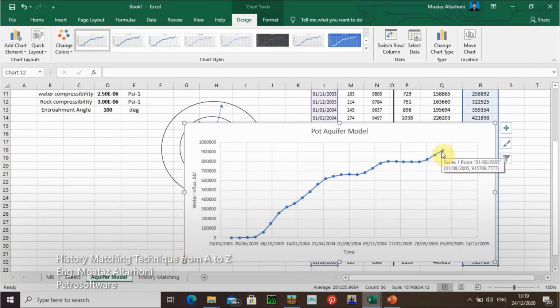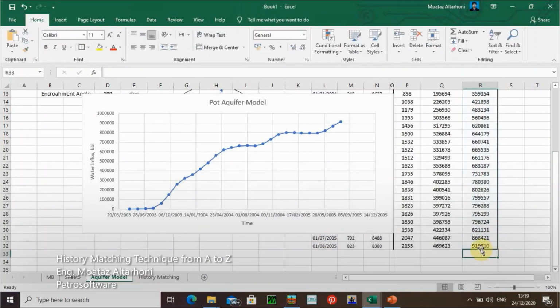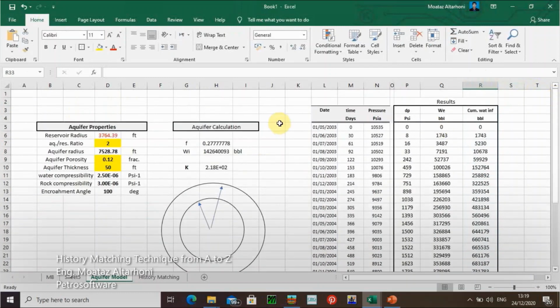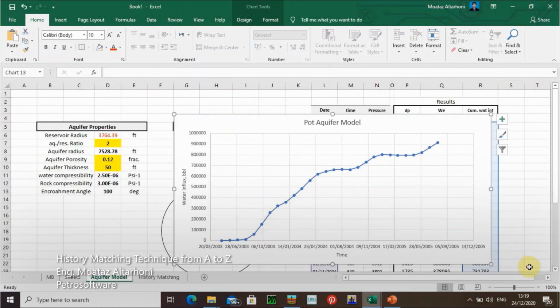How much total volume of water? Still I didn't reach 1 million of cumulative water, but about 915,000. But I am very interested in how the water curve looks. I need to see the value of original oil in place.